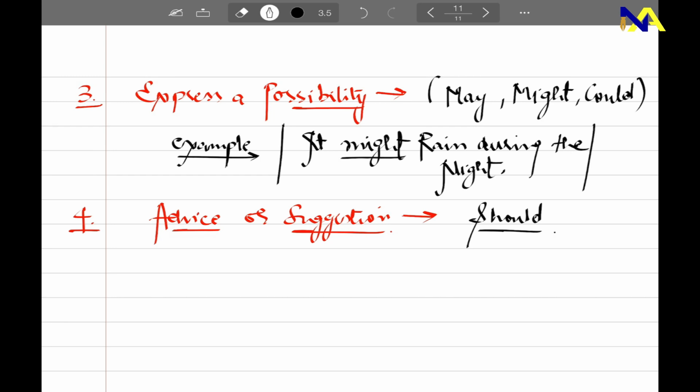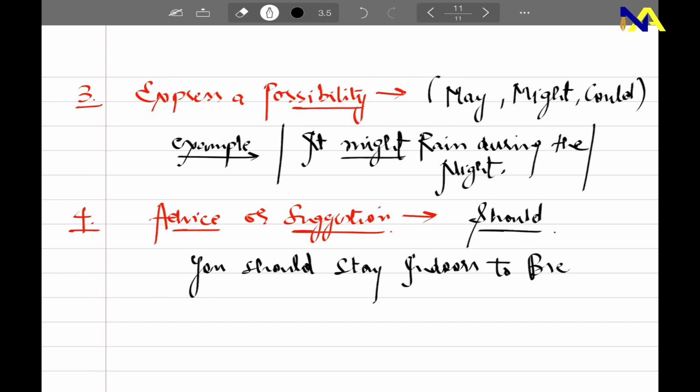For example, you should stay indoors these days, you should stay indoors to break the COVID-19 chain.